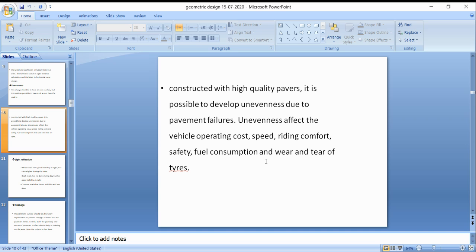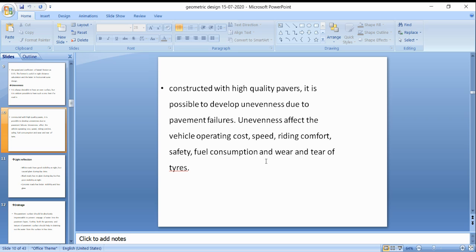So we have to construct with high quality pavers. Unevenness creates pavement failures, which affect the vehicle operating cost and speed, riding comfort, safety, fuel consumption, and wear and tear of wheels.